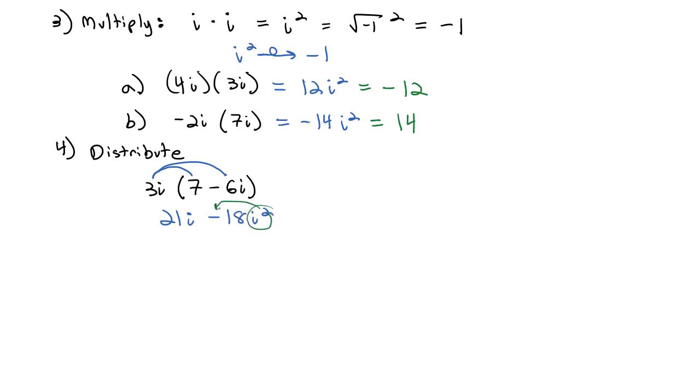But the i squared is going to make that 18 positive. So we've got a positive 18 and a positive 21i for our final answer. We usually put the real part at the beginning. I could have said 21i plus 18, and technically that's correct, but we usually like to see the real part first. So it's better to write 18 plus 21i.